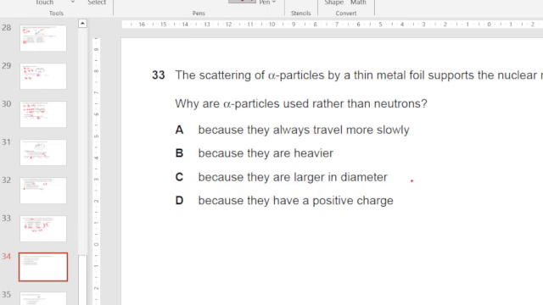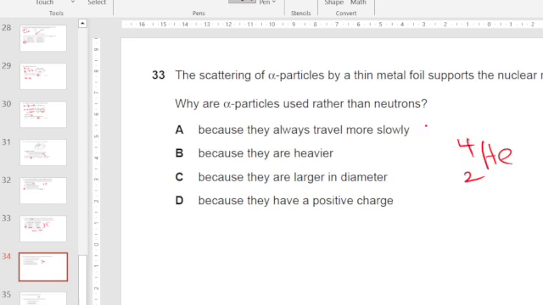And the 33rd question. The scattering of alpha particles by a thin metal foil supports the nuclear model of an atom. Why are alpha particles used rather than neutrons? Alpha particles are nothing but helium-4.